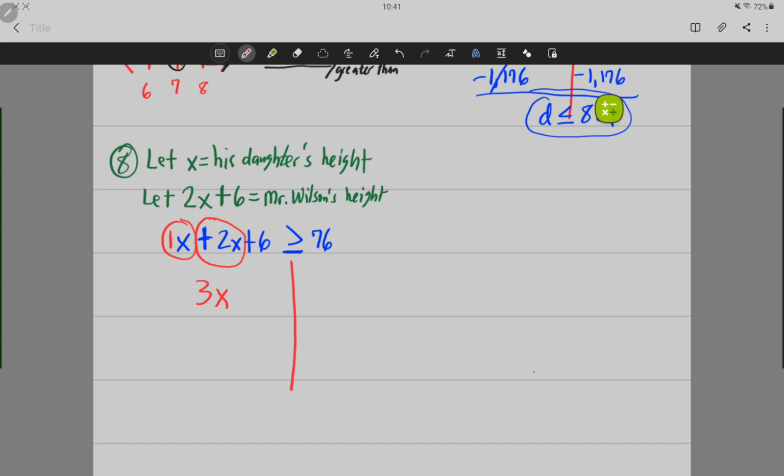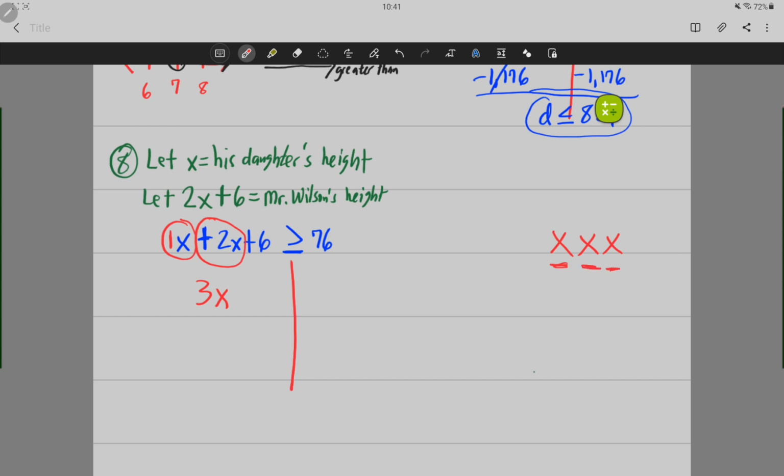Another way to figure it out, let's just draw a picture, sometimes that helps. If you have 1x here, and you have 2 more here, how many do you have all together? Well, if we combine it, now we have 1x, 2x, 3x's.